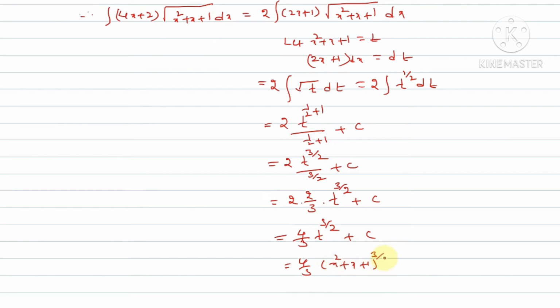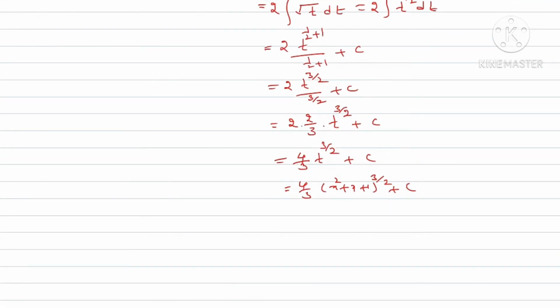So the integral of (4x plus 2) into square root of (x square plus x plus 1) dx is 4 by 3 into (x square plus x plus 1) all power 3 by 2 plus c.